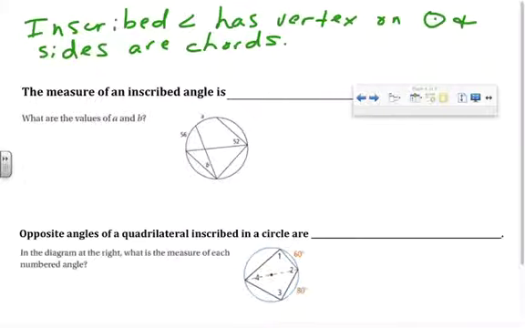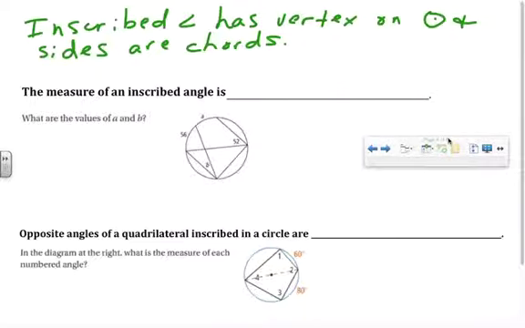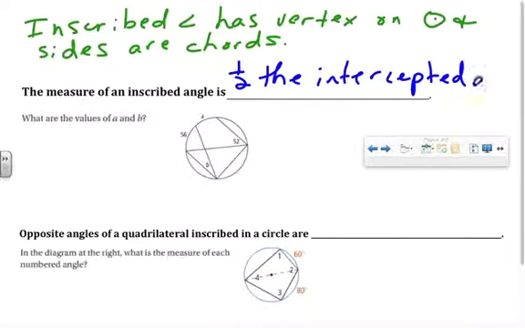So a very convenient thing about inscribed angles is that we can find the measure of an inscribed angle by taking half of the intercepted arc. Okay, so again, the measure of an inscribed angle is half the intercepted arc.